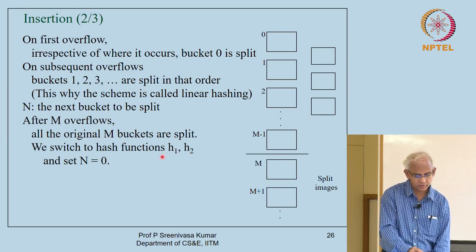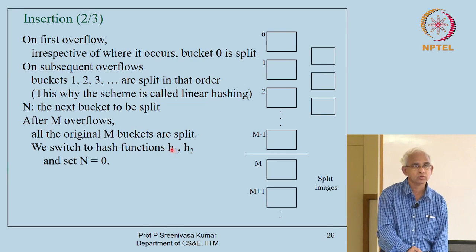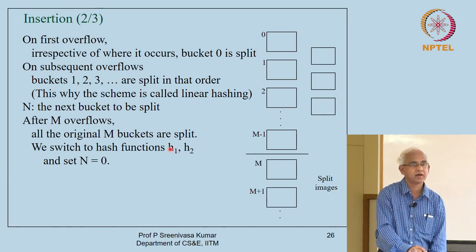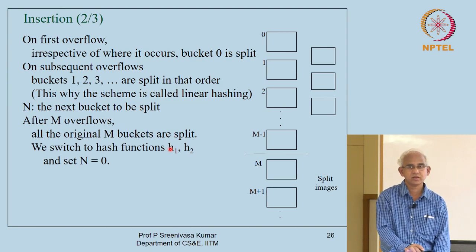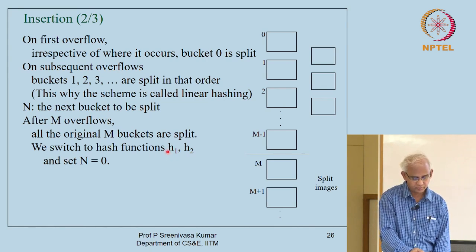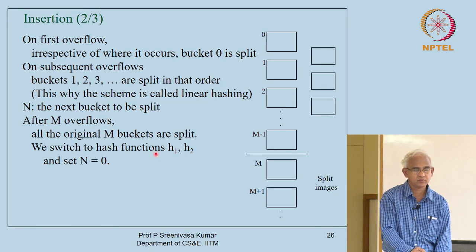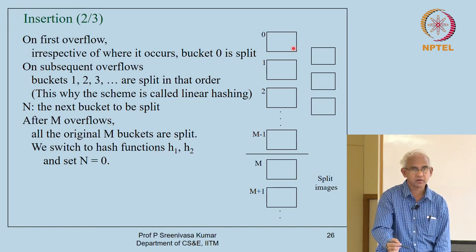Then what we will do at this point is to switch over from h0, h1 to h1, h2. We will switch over to the next pair of hash functions. Okay. So, h0 we had been using to start off, and for redistributing the records from the bucket to its split image, we were using h1.